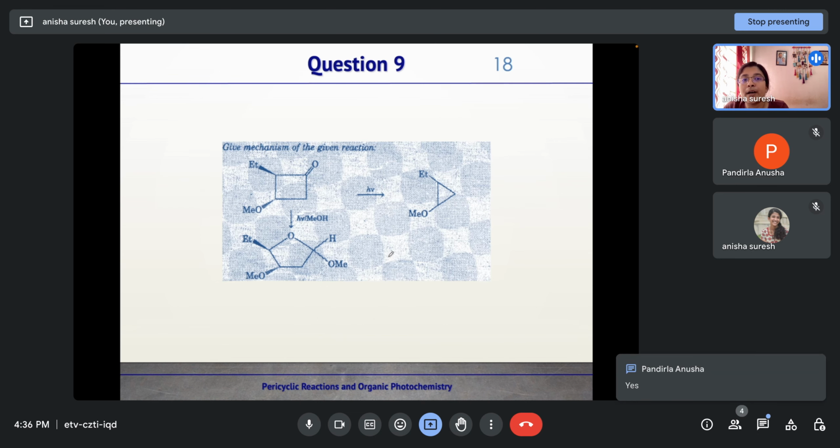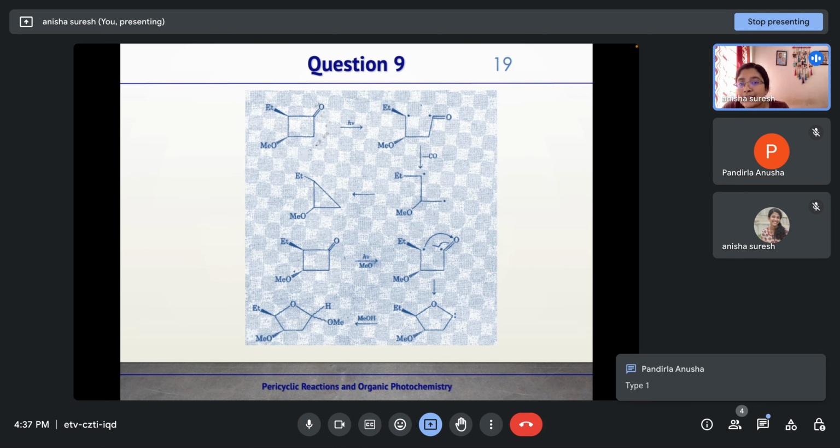Okay. Now coming to question number 9. How is this reaction taking place? What sort of reaction will this be, Norrish type 1 or Norrish type 2? Type 1, yes.